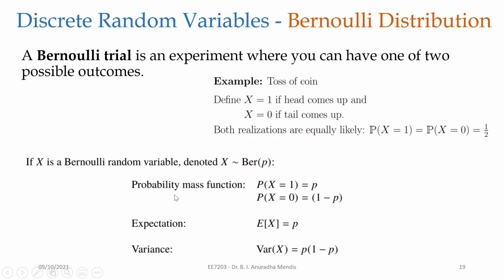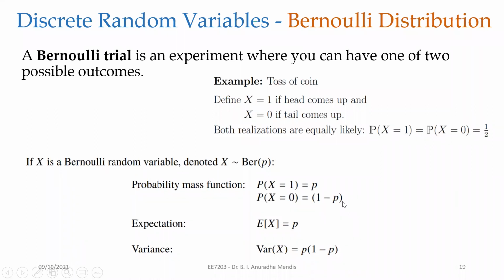But here we call it probability mass function, because instead of density we use mass, since this is not a continuous function. The term density we use for continuous functions. This is the probability mass function. P(X=1) is p, then P(X=0) is 1 minus p.